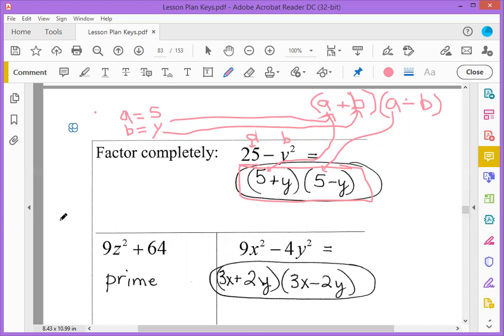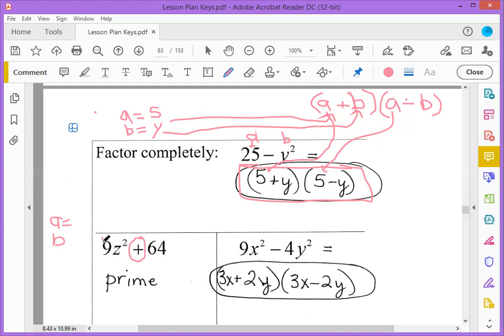In the next example, we want to identify a and b again. What do we square in order to get 9z squared plus 64? Now, the key here is that we have a plus in between these perfect squares.